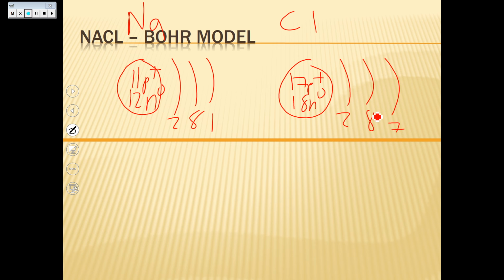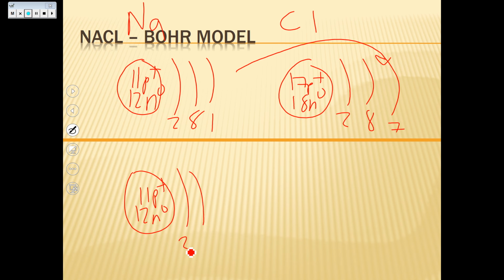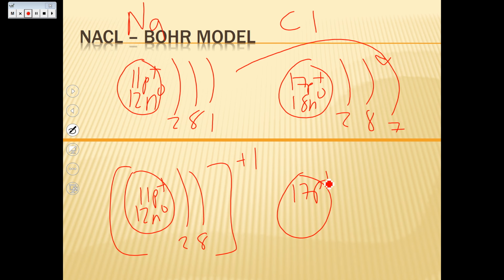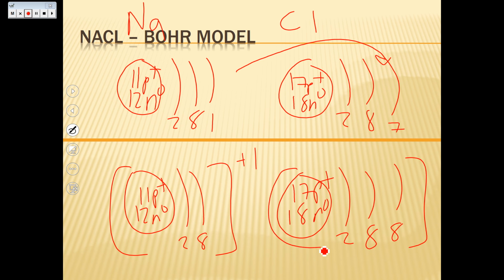So here, this electron is going to get transferred over to that chlorine. So the NaCl compound model looks like this. 11 protons, 12 neutrons, 2, 8. Takes on a positive 1 charge. Chlorine, 17, 18, 2, 8, 8. And it takes on a negative 1 charge. The dot cross model.